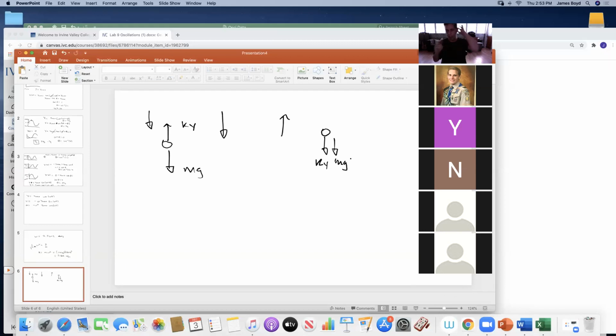Therefore, it's not just a spring on a table where we can say, oh, this is x equal to 0, this is x max negative, and this is x max positive. What it ends up being is that between x max negative and x max positive, the equilibrium position is not quite at 0.